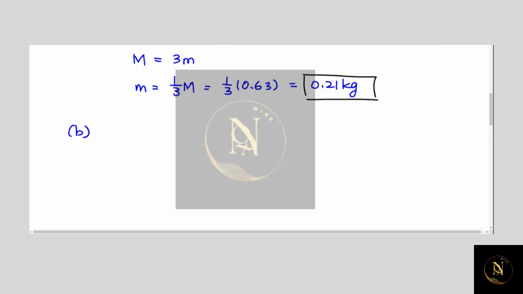Then in part B, we want to find the height that the small ball reaches. The first step is to find the speed of the baseball after the collision with the basketball. I'm just using baseball as a proxy for the small ball.